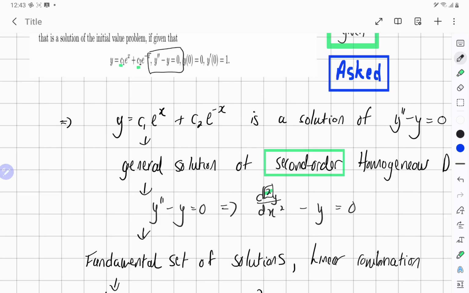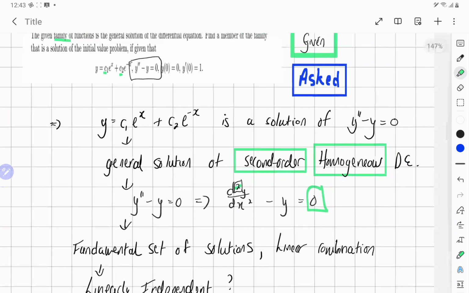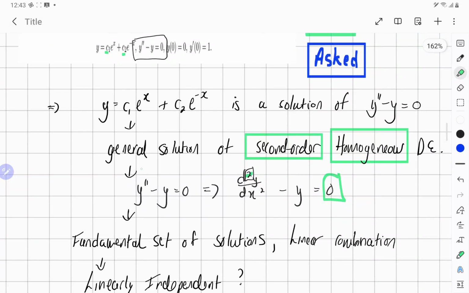Secondly, why is it a homogeneous differential equation? It's because our differential equation is equal to 0. So very important. Now, they've given us that this is the general solution.